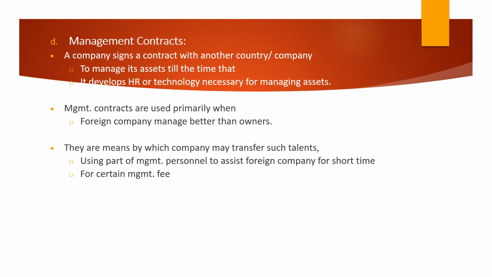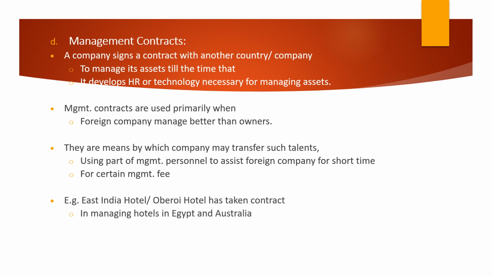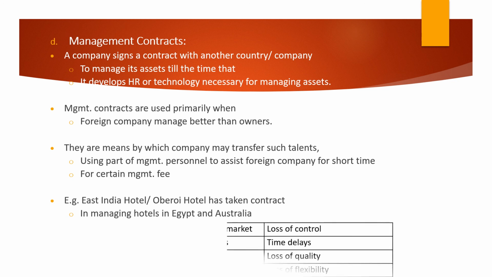They are the means by which a company may transfer such talents, using part of its management personnel to assist the foreign company for a short period of time for a certain management fee. For example, East India Hotel or Oberoi Hotel has taken contracts in managing hotels in Egypt and Australia.